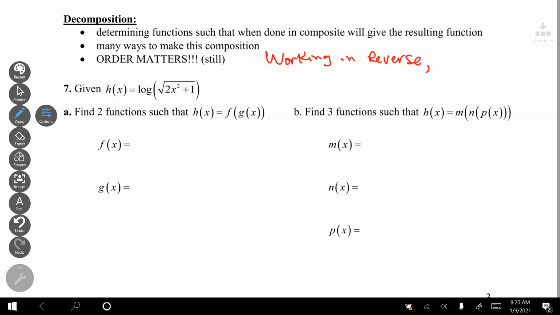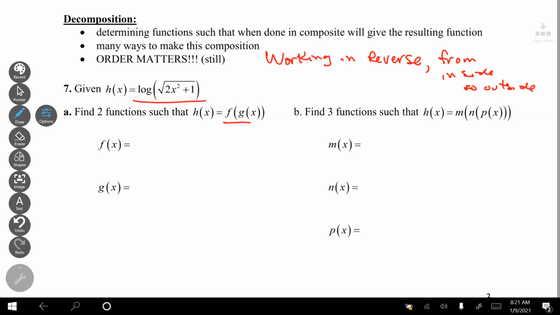So instead of going from the inside to the outside. So what I want to get is this final function. In part A, I want to just use 2 functions. In part 3, I maybe want to do a composition of 3 functions.